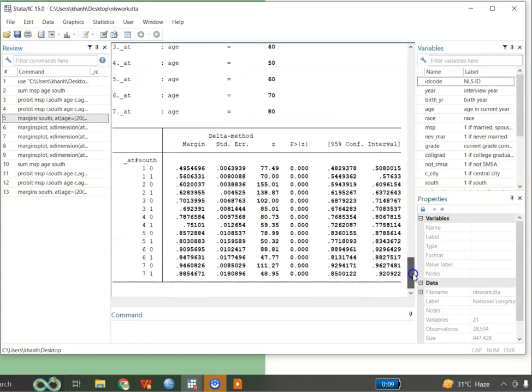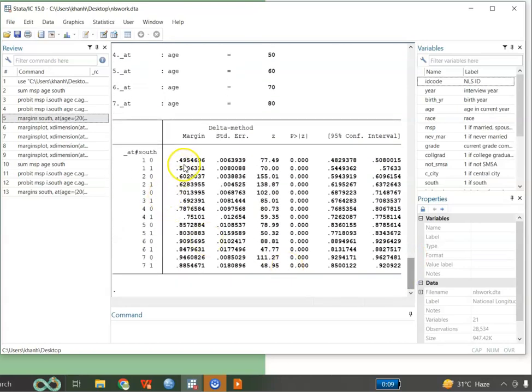So here are my marginal predicted probabilities. This tells me the marginal expected probability of someone who is married and whose spouse is with him, given that he is at age 20 and he is not living in the south. This is the marginal predicted probability of someone who is married and whose spouse is living with him, given that he is living in the south of the country and he is age 20.